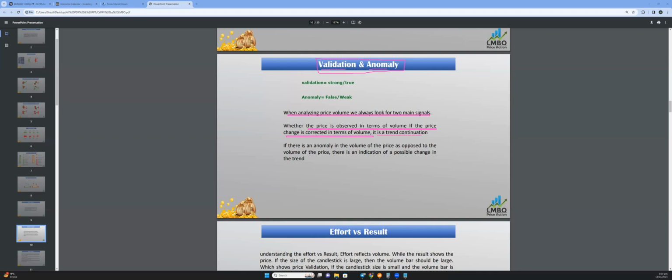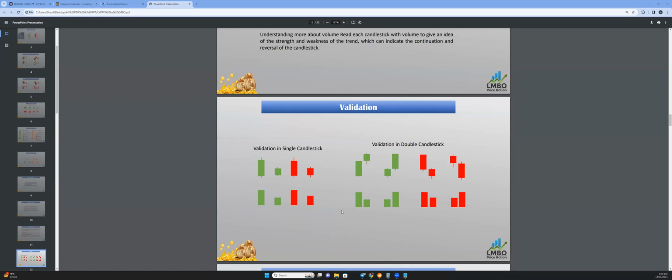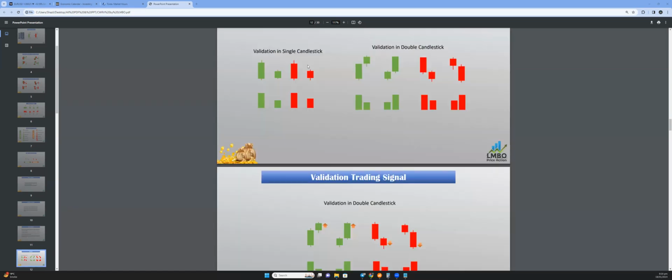If it is not matching the price movement, how can we check? Let me show it on this candle. See here, the price movement is from here to here, and the volume bar is this one, and it is matching the size of the candlestick movement. And this is a small candlestick, and you can see the volume of the small candlestick is small. It is matching.